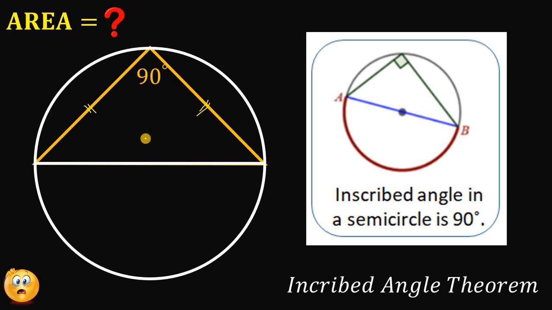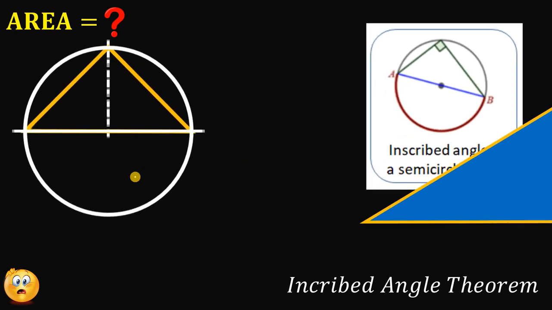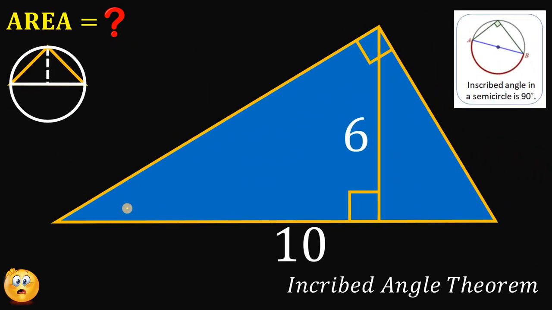And we can say that the maximum height must be equal to the radius of this circle, or simply half of the diameter of the circle. So this concept is very important later on. So now keep in mind that the maximum height of a right triangle must be equal to half of the diameter of the circle. Alright, so now, going back to our question.